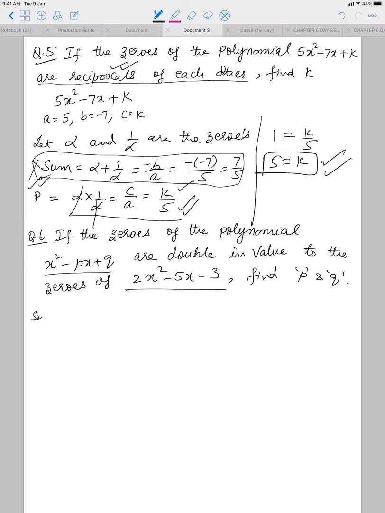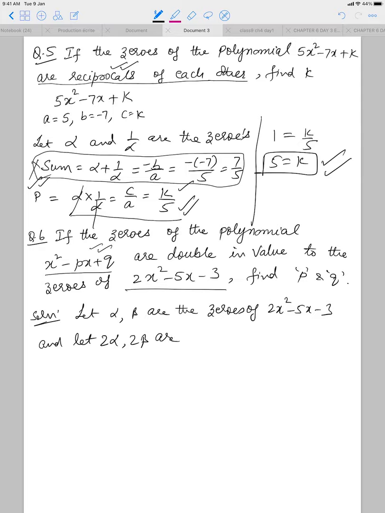So we'll start by saying let alpha and beta be the zeros of this polynomial 2x square minus 5x minus 3. Now the question says that the zeros of this polynomial are double in value to the zeros of this. So I can say, and let 2 alpha and 2 beta be the zeros of another polynomial which is x square minus px plus q.